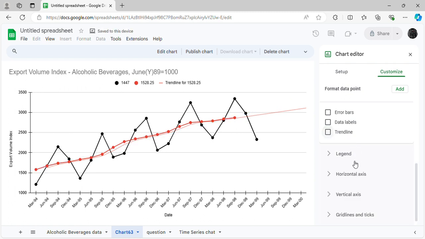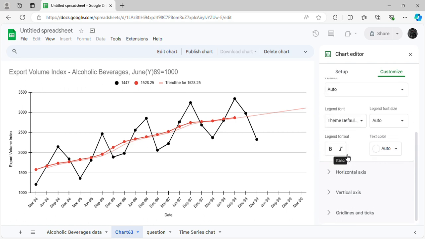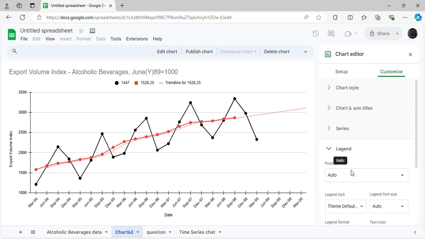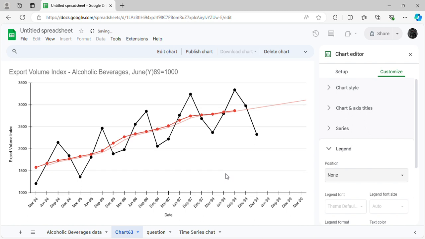Okay, so let's remove the legend. Okay, so now we have extended the centered moving average to the next 6 quarters.